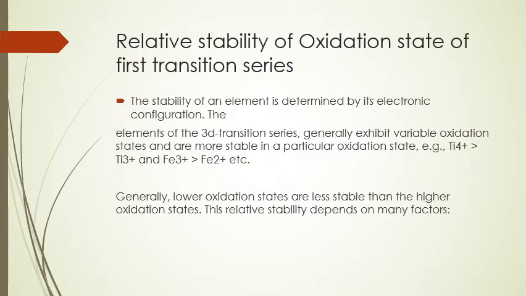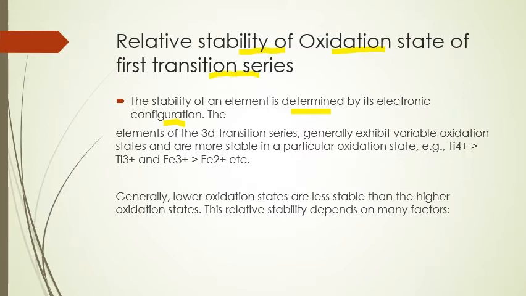Now we talk about the relative stability of the oxidation states of the first transition series. The stability of the element is determined by the electronic configuration. You know the electronic configuration of these first transition elements.